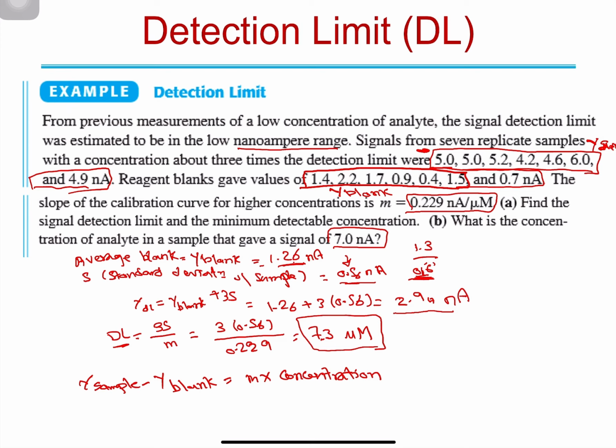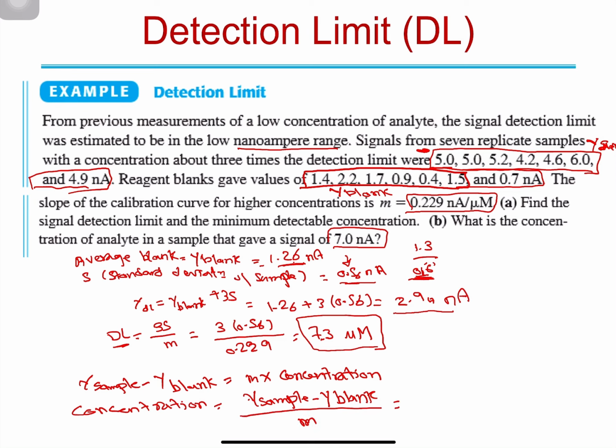That means that the concentration, if we rearrange the equation, will equal Y sample minus Y blank divided by M, which is the slope.